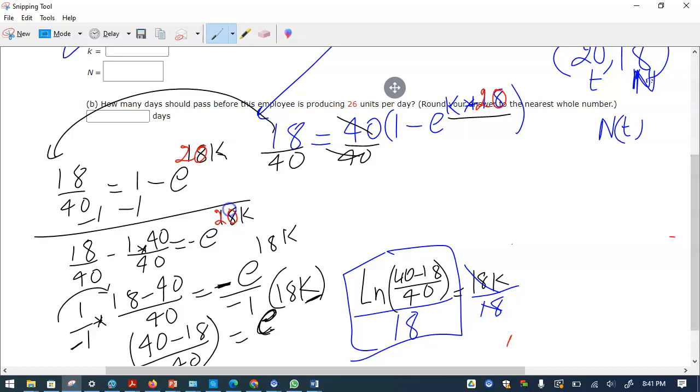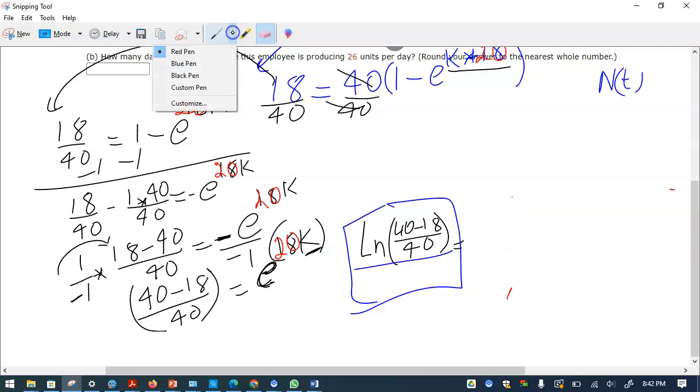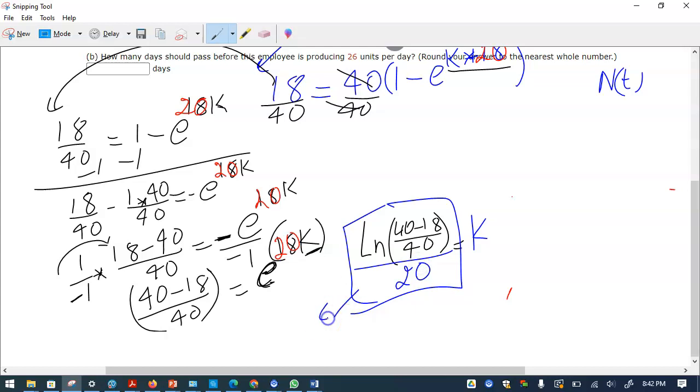So this is 20k, and you divide by 20, sorry about that. So k equals that divided by 20, and this is what we'll put in the calculator. Minor mistake, but I'm sure you understood it.